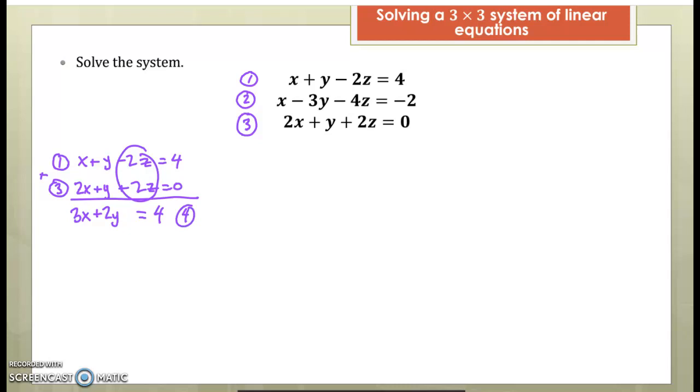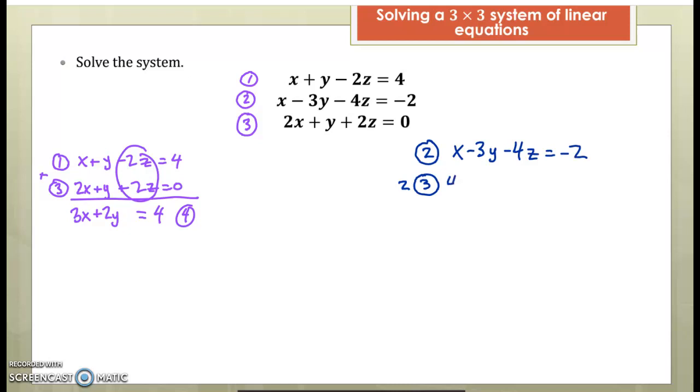Now, I'm going to go ahead and take equation 2 and then I'm going to take 2 times equation 3. So I'm using two different equations here. X minus 3y minus 4z equals negative 2.